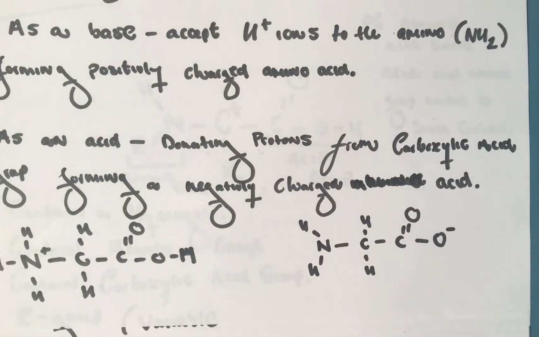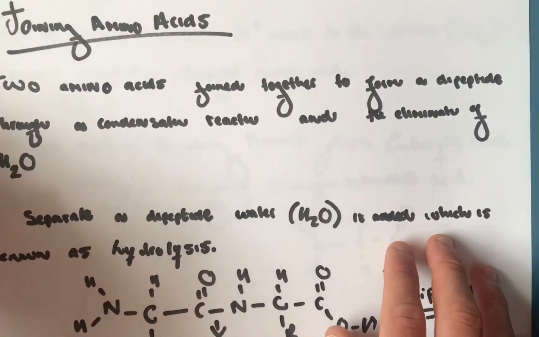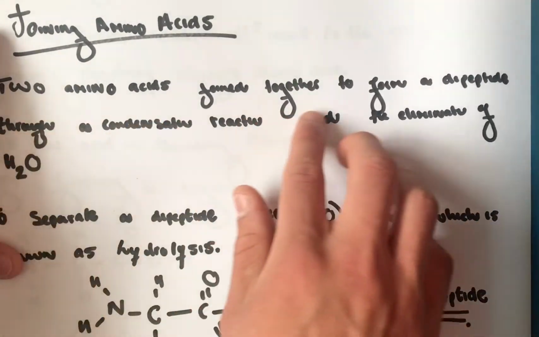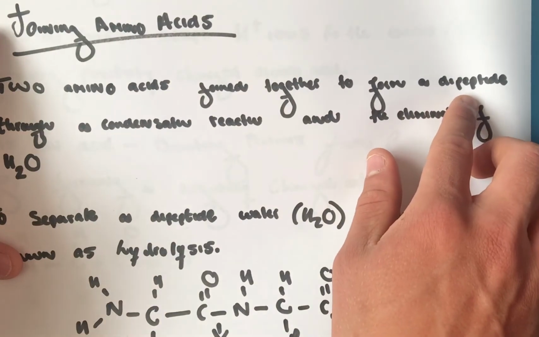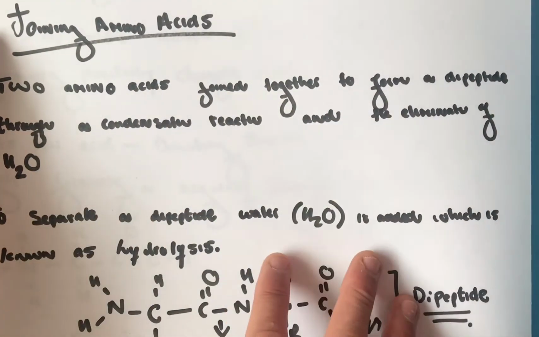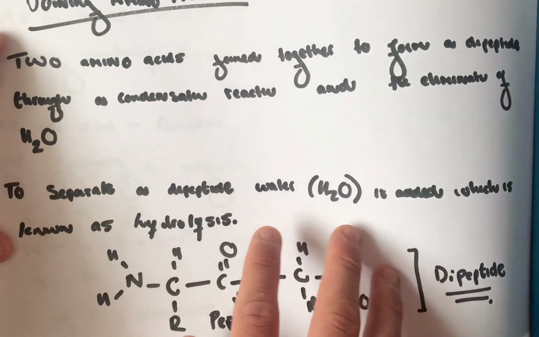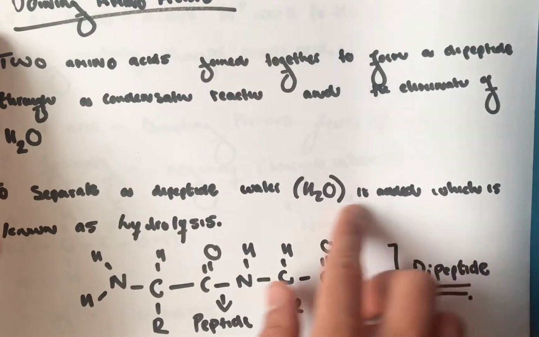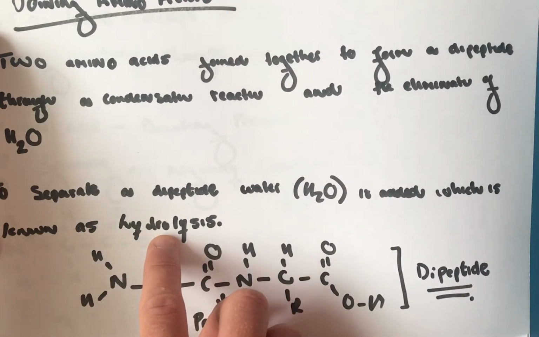We also have the process of joining 2 amino acids together, which forms a dipeptide, and it's through a condensation reaction with the elimination of a water molecule. To separate a dipeptide, water is added, which is known as a hydrolysis reaction.